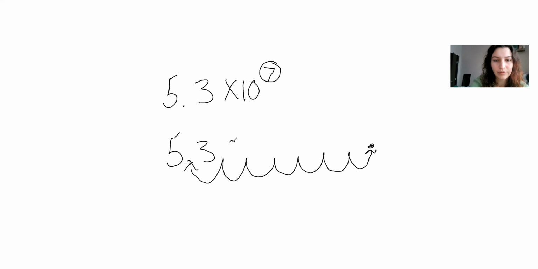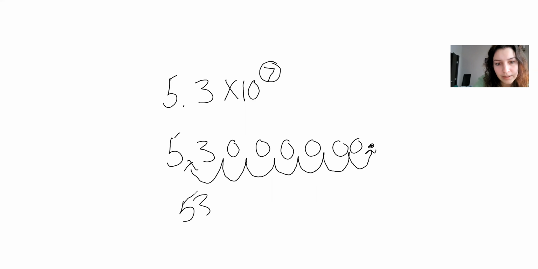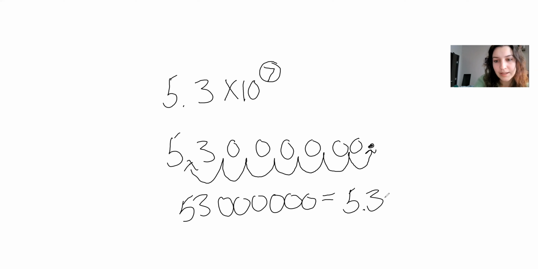We'll fill in those places with zeros. And we get that 53 million is equal to 5.3 times 10 to the 7th.